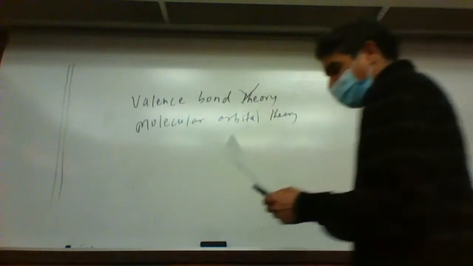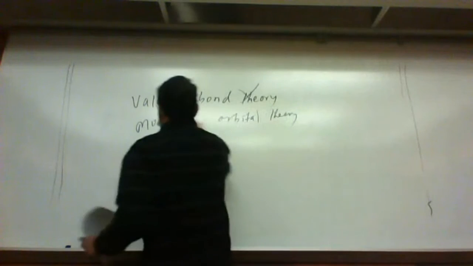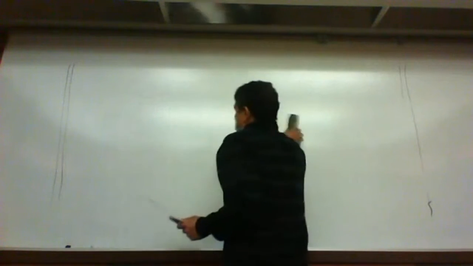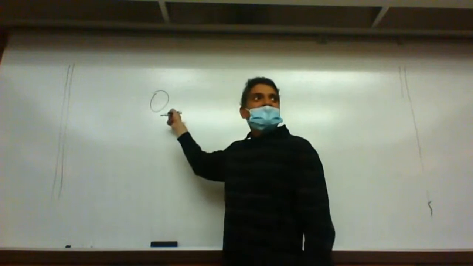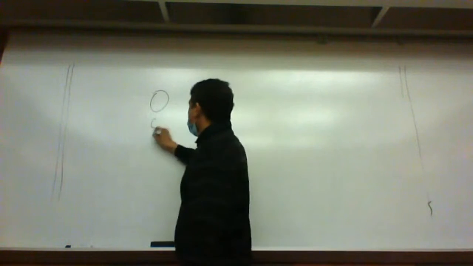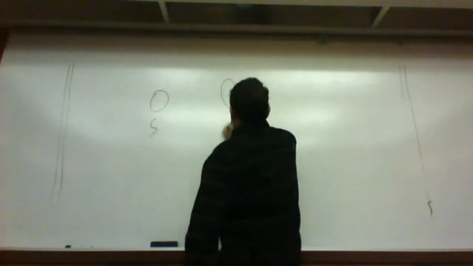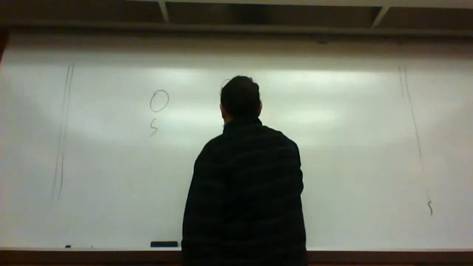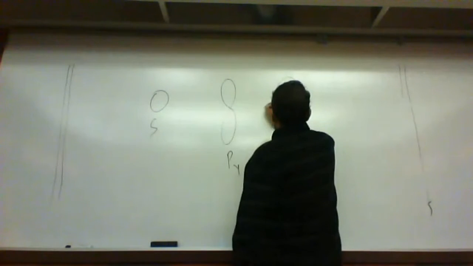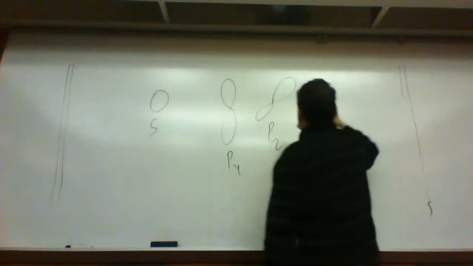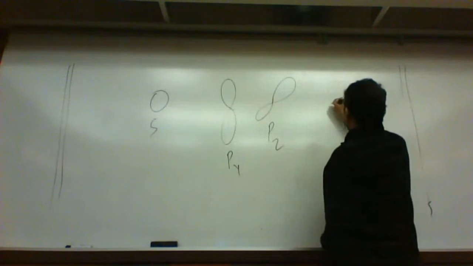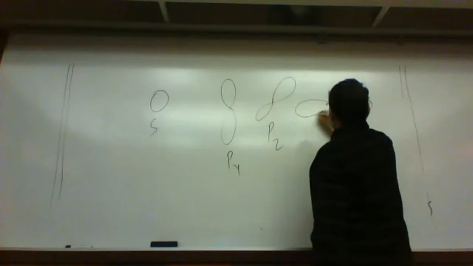So let's look here. What is the valence bond theory? You already know about the orbitals. I told you in the 7th chapter, an s orbital looks like this, a sphere. And a p orbital looks like this, this is a py, another p orbital looks like this, pz, and another p orbital looks like this one.